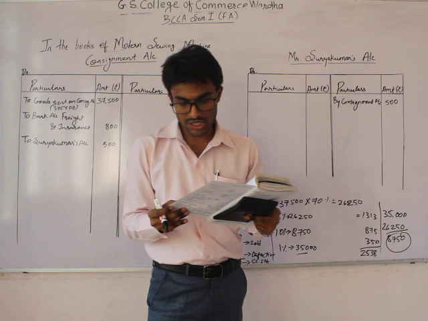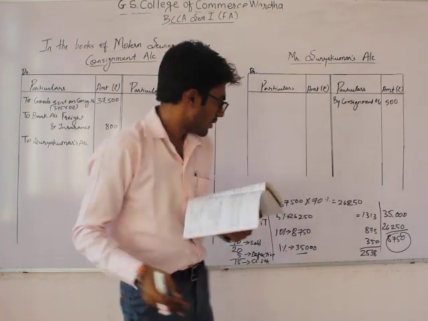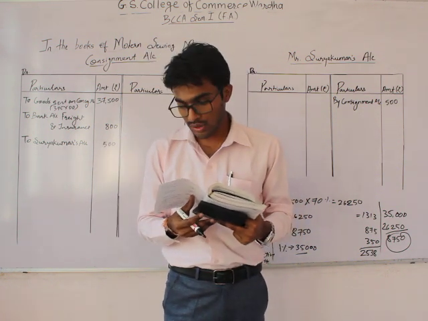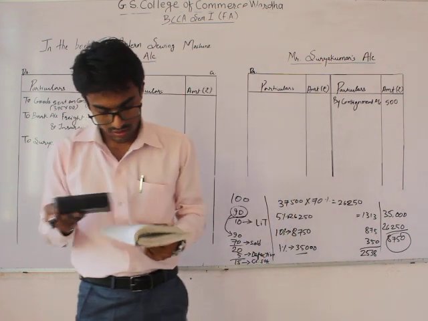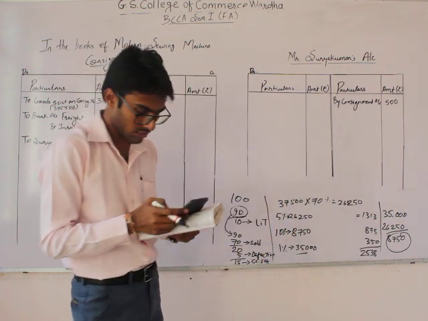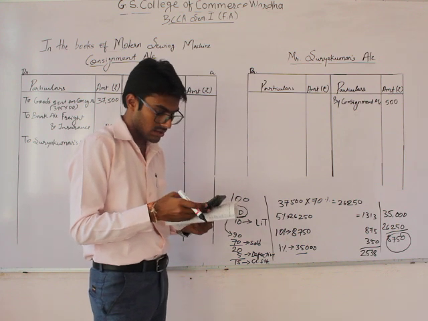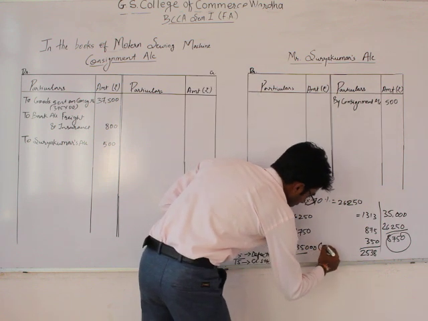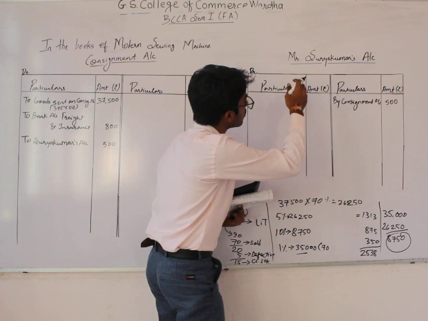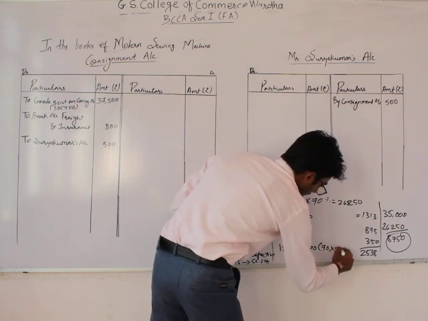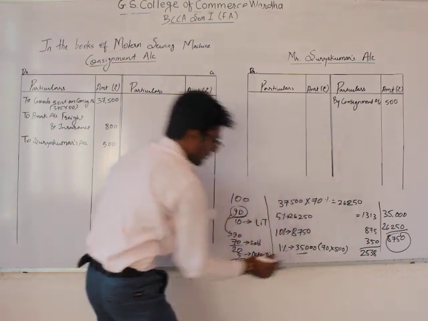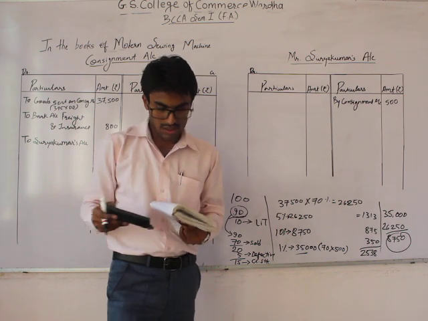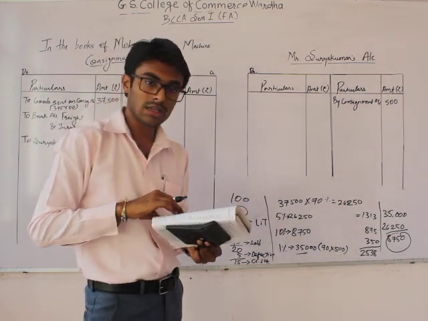From where have we taken 35,000? 35,000 means the things which we have sold at the price of 500 into 70 units, sold by Surya Kumar at 500 each. That is how we got 35,000, the sales proceeds. So that is how you can calculate the commission part.